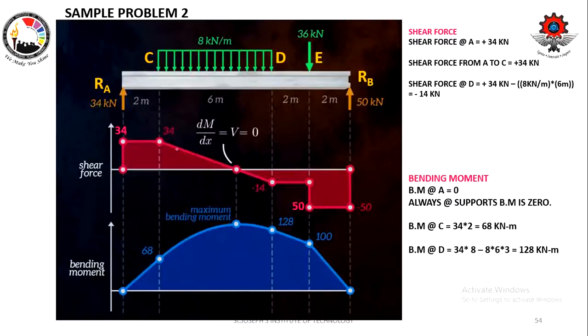If you are having a UDL, a constant rate of loading, the shear force will be a linear straight line. Linear in the sense inclined straight line. So connect this 34 and locate this minus 14, and connect 34 and minus 14.